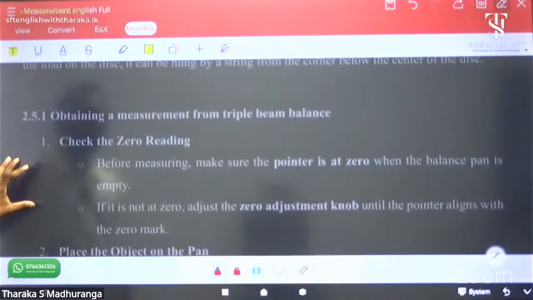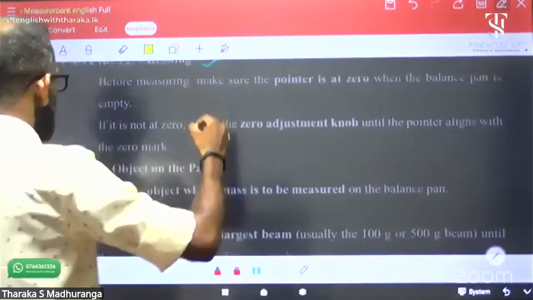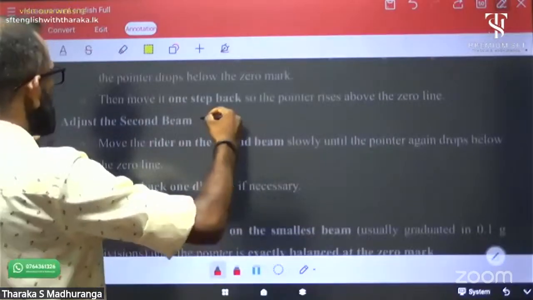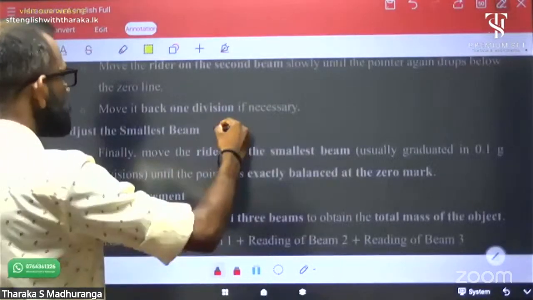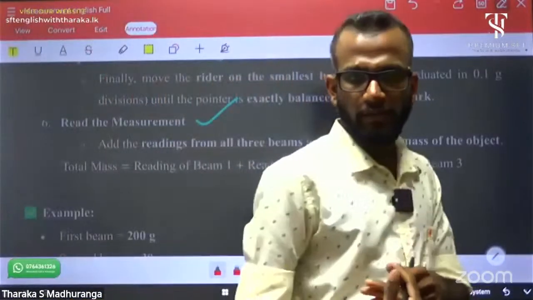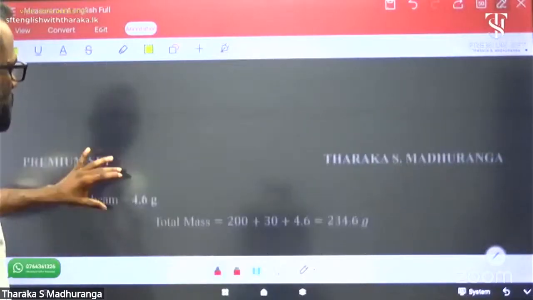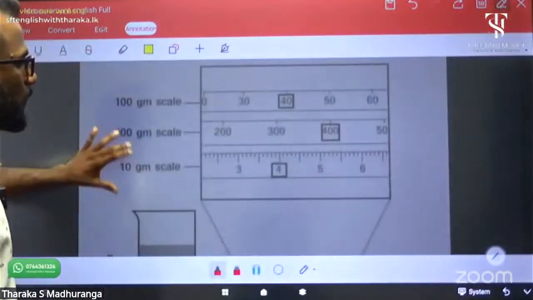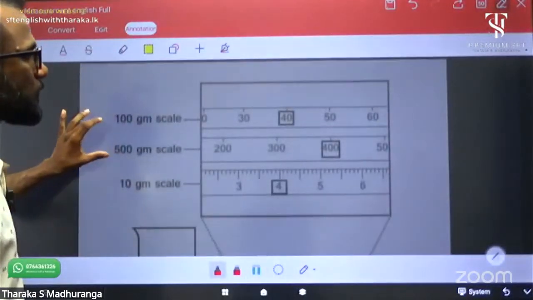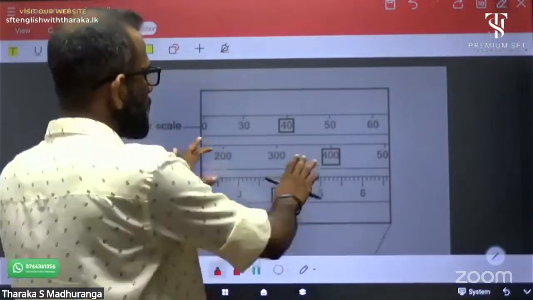Obtaining measurements: check the zero reading, place the object, adjust the largest beam, adjust the second largest beam and the smallest beam, then read the measurement by adding all measurements. Okay. Can you read the mass of this reading?